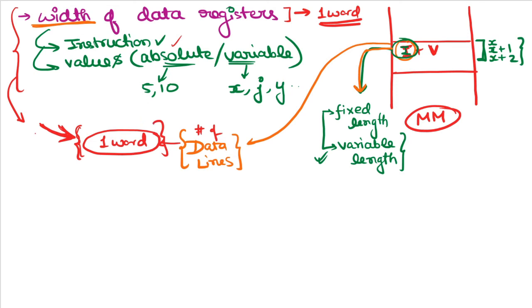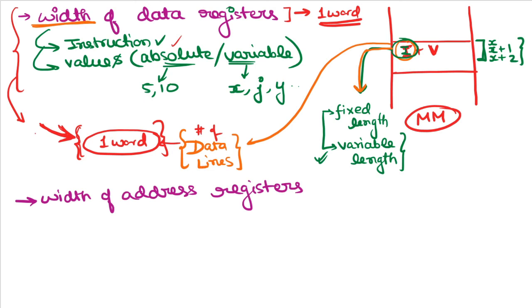Now, what is the width of address register? Okay, let me tell you one more thing. For example, if an instruction is bigger than one word, say it is a three-word instruction, then we can get the instruction in chunks.